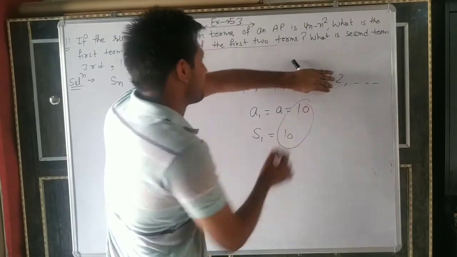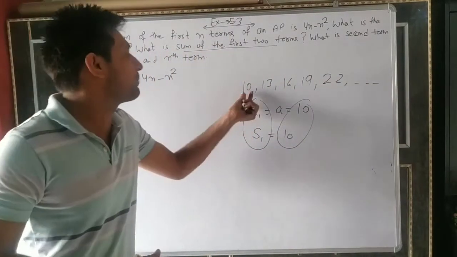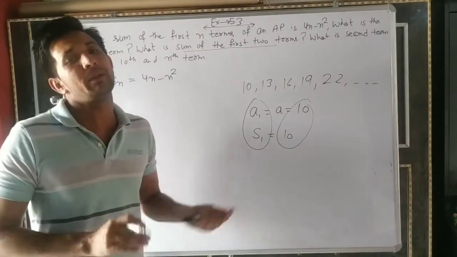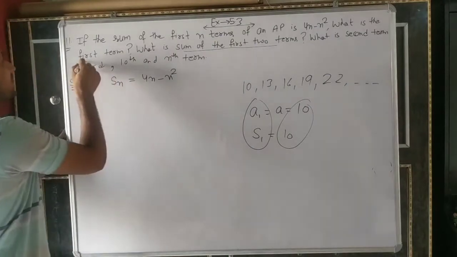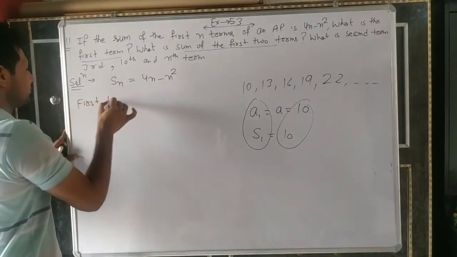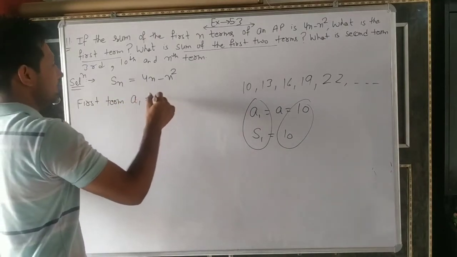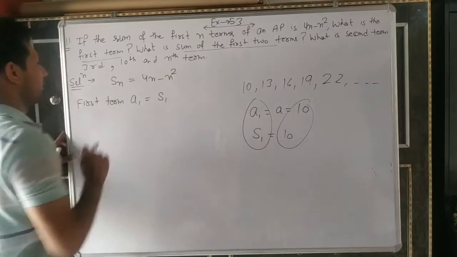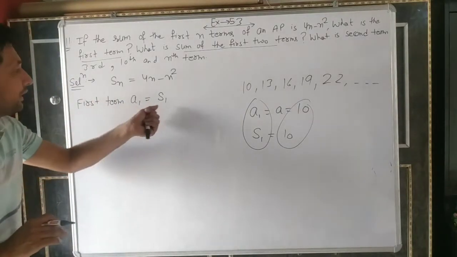Always remember, A1 and S1 are always equal, because the sum of one term is the same as the first term. So first we want to find the first term. You can write A1 equals S1.